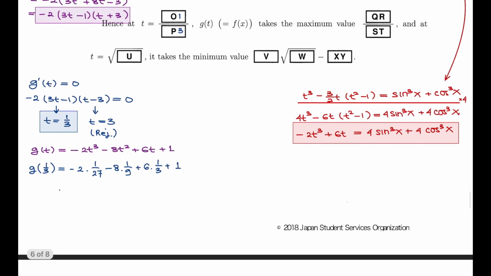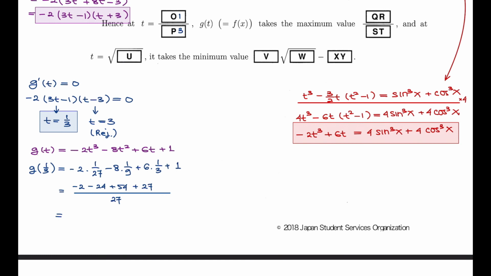And then if we calculate this equation, we will obtain over 27, negative 2, negative 8 times 3, 24, and then plus 54 plus 27. I think this is the final answer.